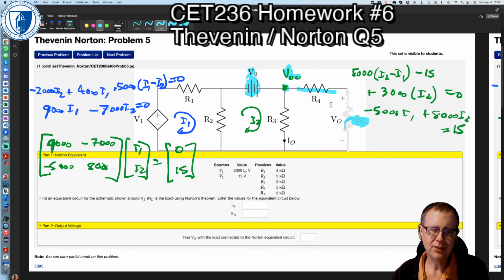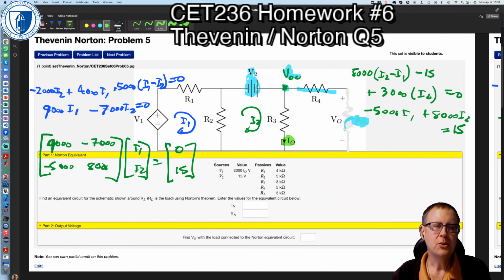Okay, so mesh analysis. First of all, I1 is minus V1. V1 is 2000 I naught. So our control variable is here, the current through R3. So that's 2000 times I2. The only current flowing through R3 is I2.